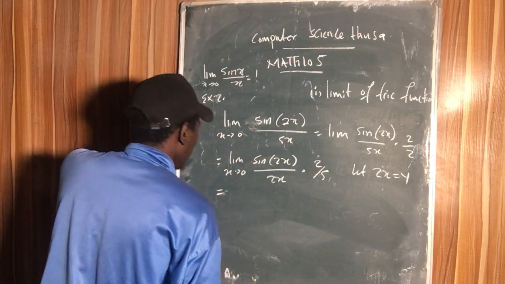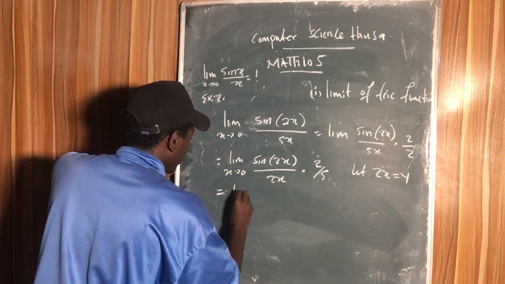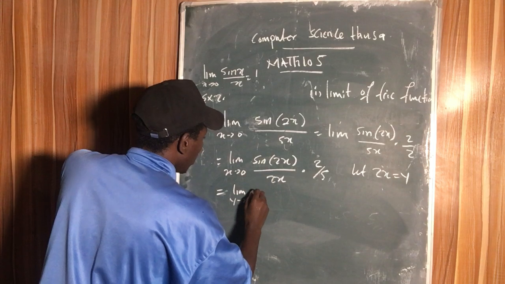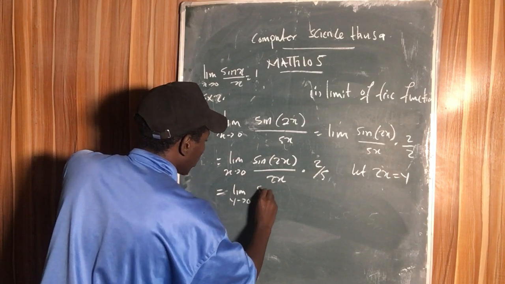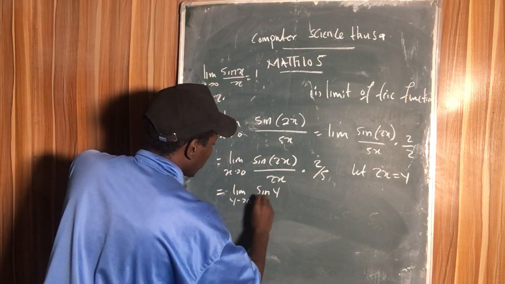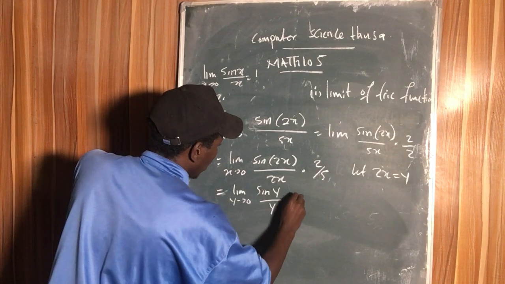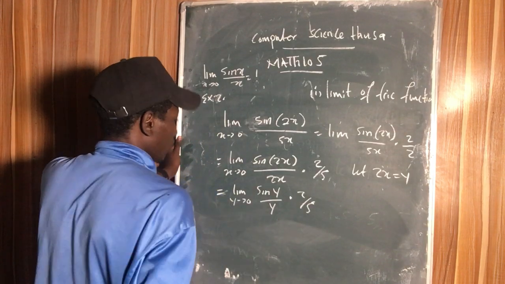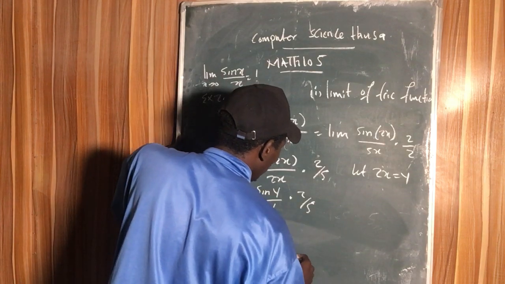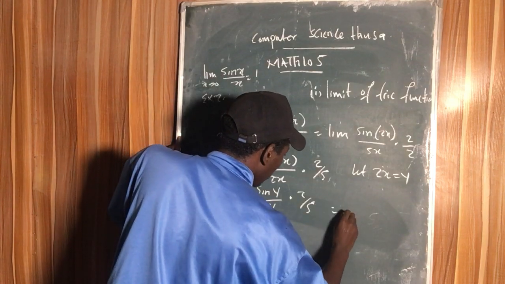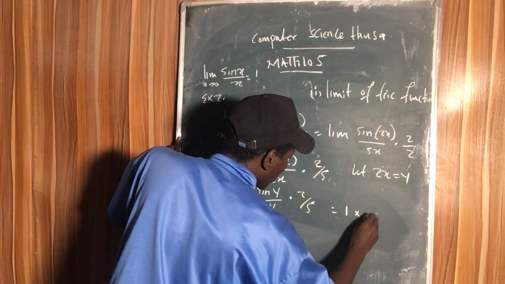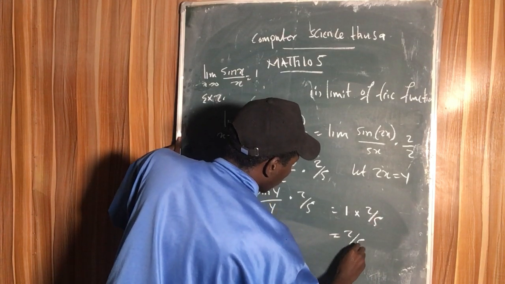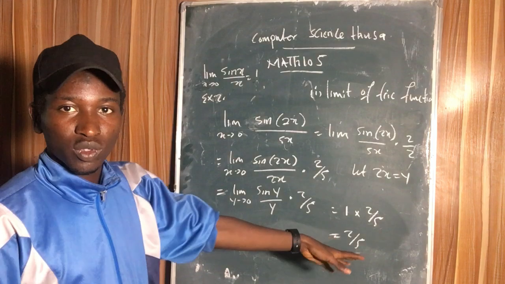Then 2x is equal to y. Then we want the limit as y tends to 0 of sine y all over y times 2 all over 5. So this first part is equal to 1 times 1 over 2 times 2 over 5. So it is equal to 1 times 2 all over 5, so it's going to be 2 over 5.